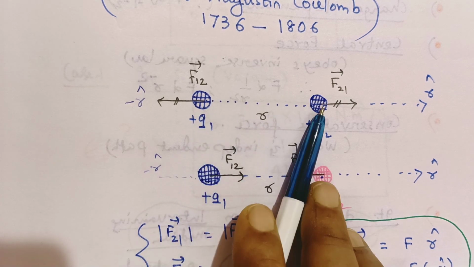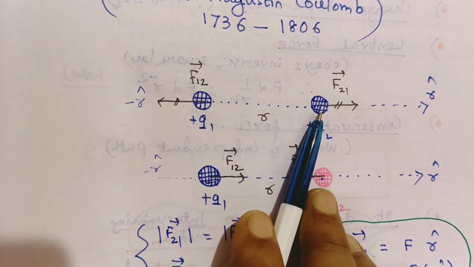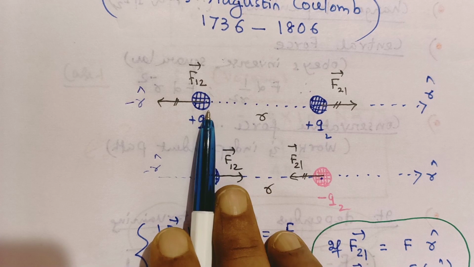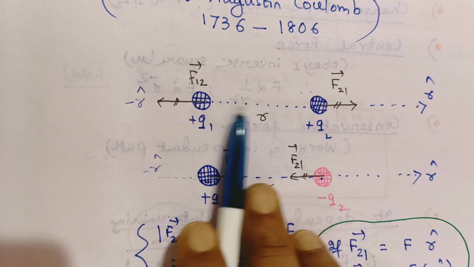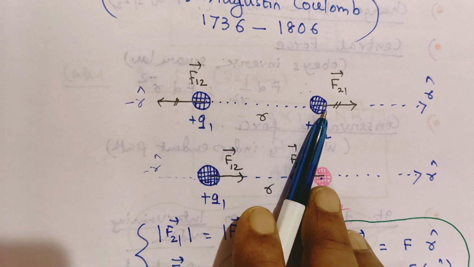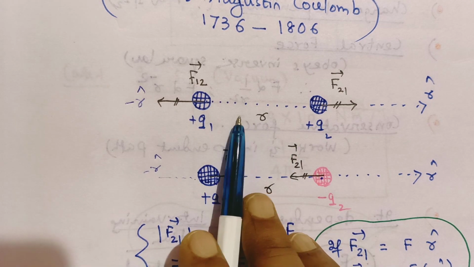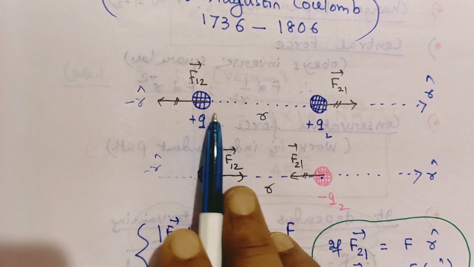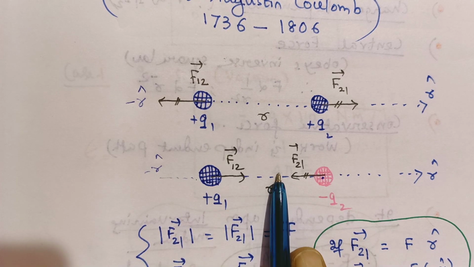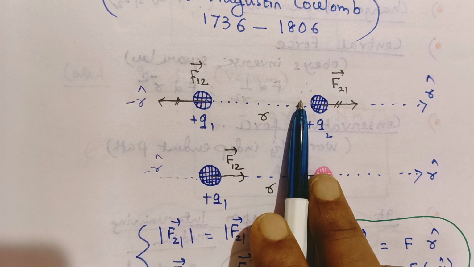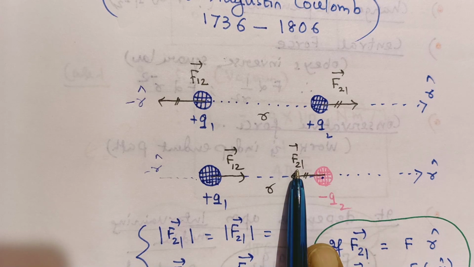Stationary point charges means either both charges are at rest or both are moving with the same velocity, that means they are relatively at rest. So we can say that two point stationary charges, like charges or unlike charges, will repel or attract.